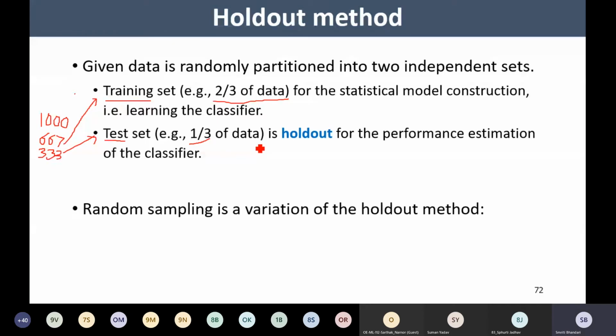So if I am performing such a single experiment with my data and my algorithm, then the holdout estimate of error rate may mislead, right?